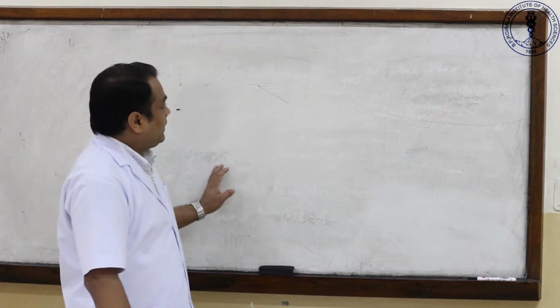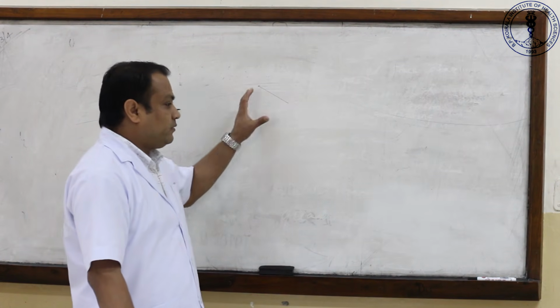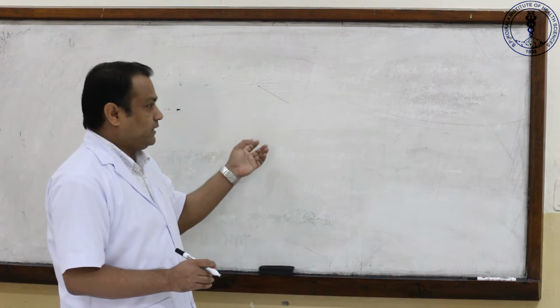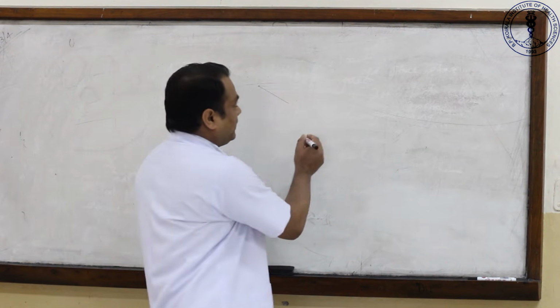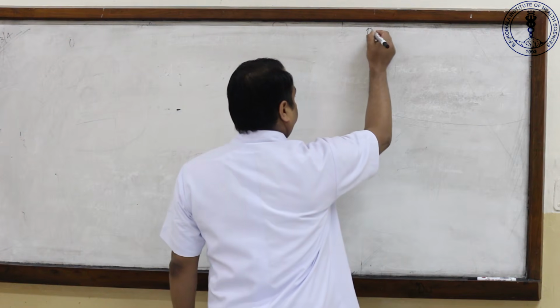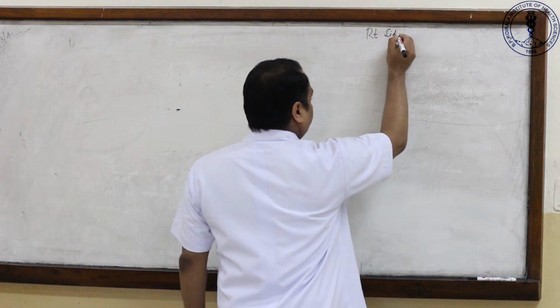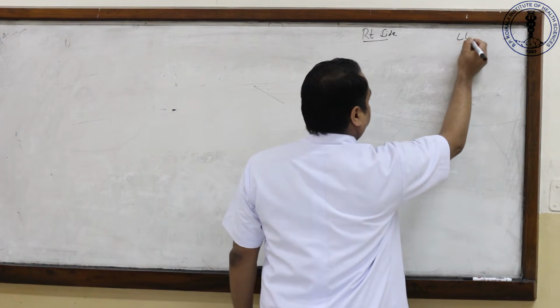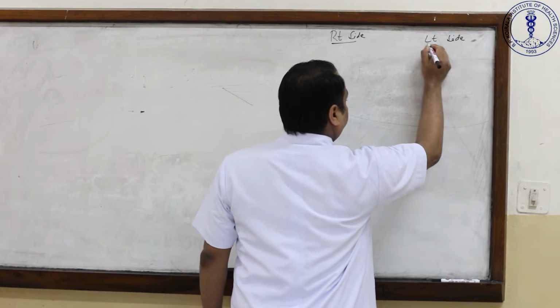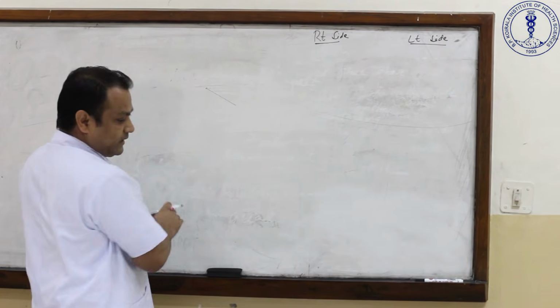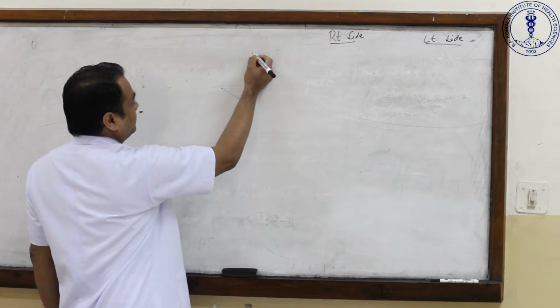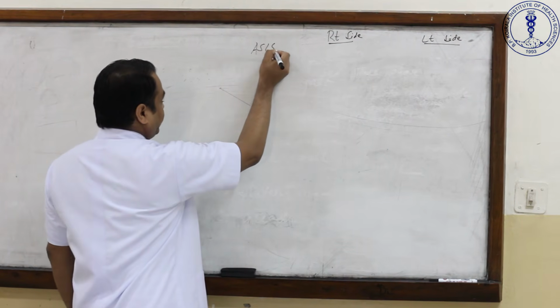Okay, now I would like to summarize our findings in a tabular form. How to write on this one? We can write, let's say this is the right side and this is the left side. First start with the level of ASIS, the anterior superior iliac spine.